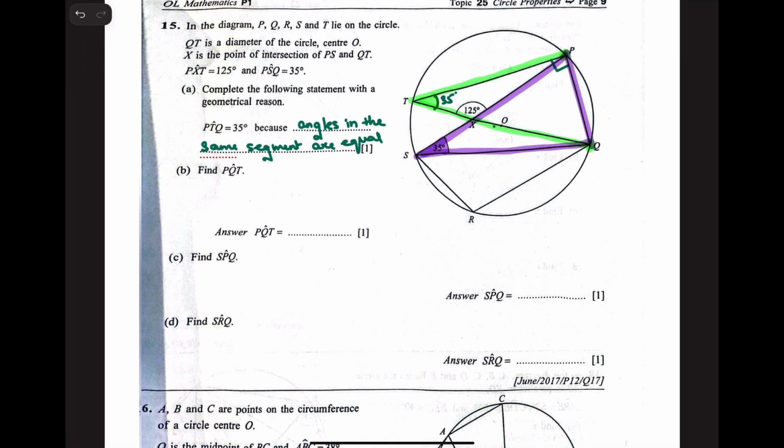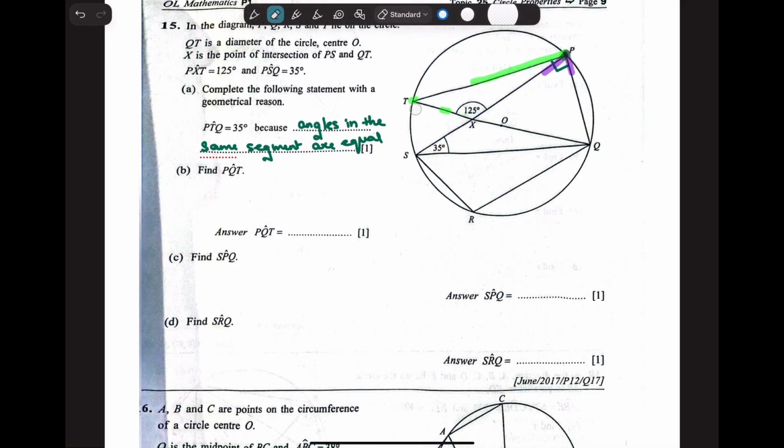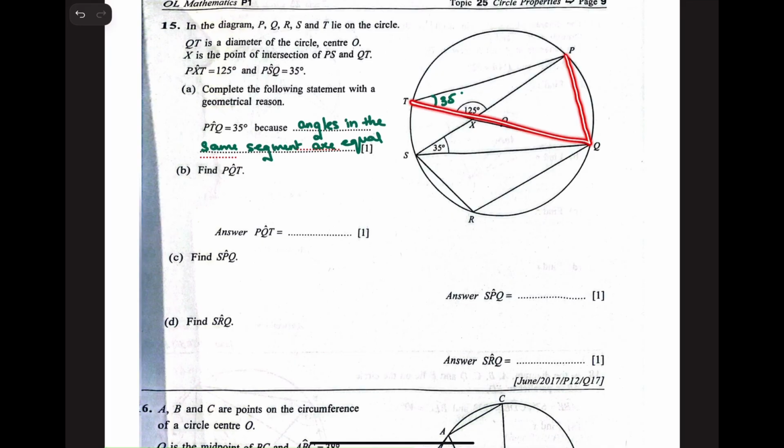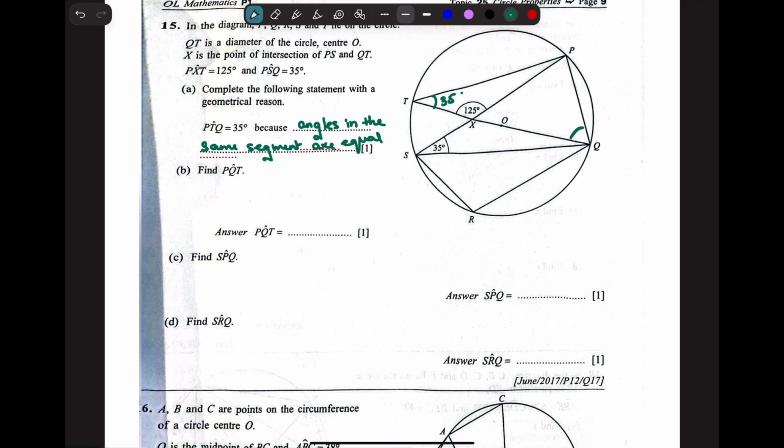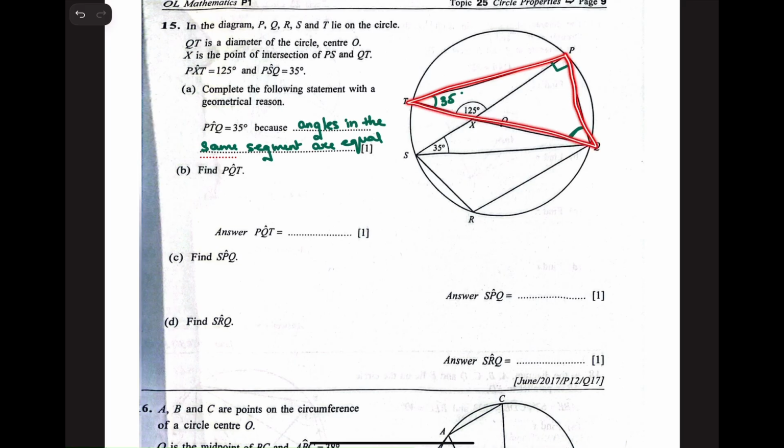Next, they're asking us to find PQT. Okay, so let's erase this. PQT, they want us to find this angle. And we know that this is 90. So let's focus on triangle PTQ. We know this is 90. We know this is 35.